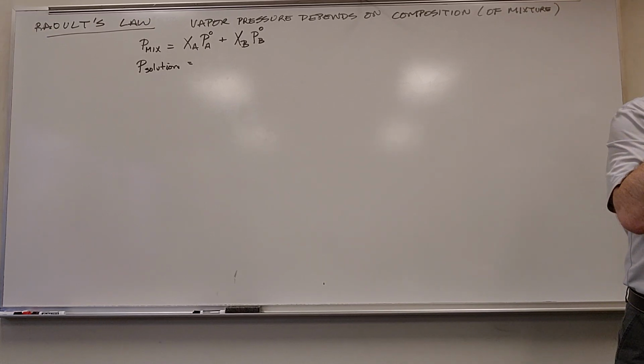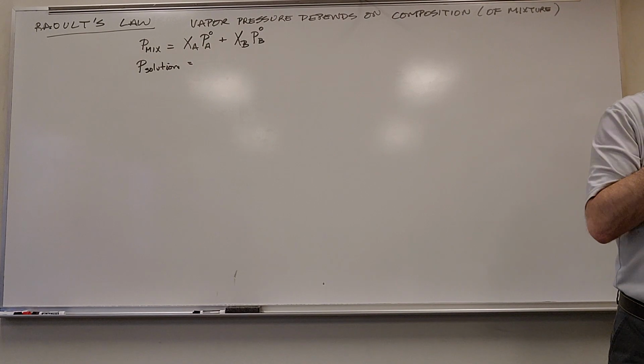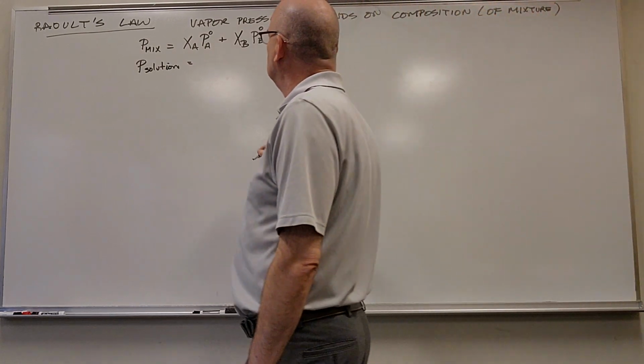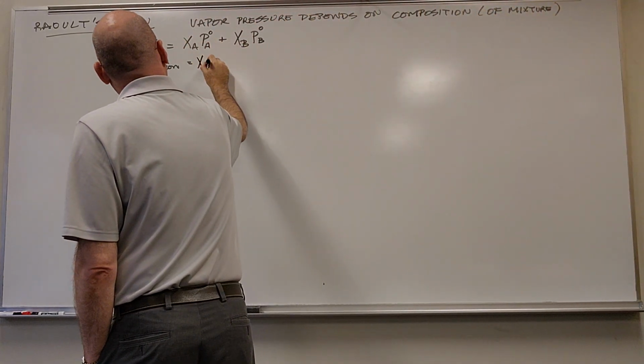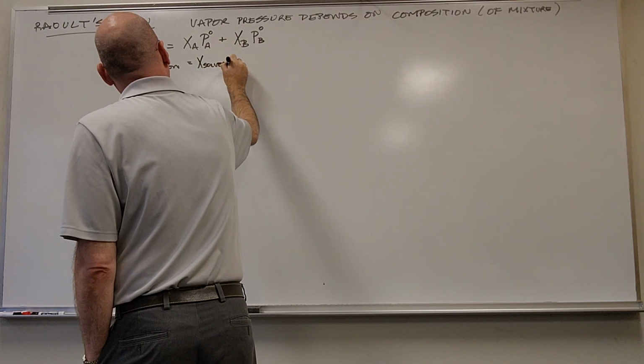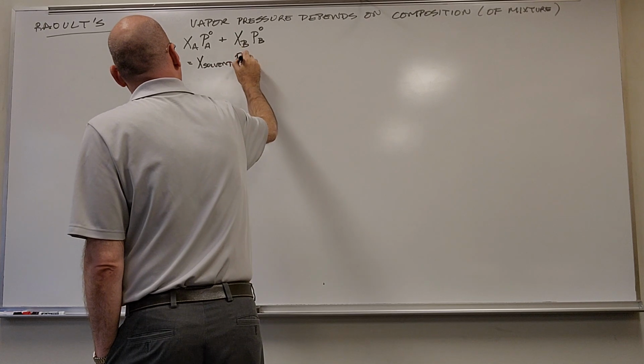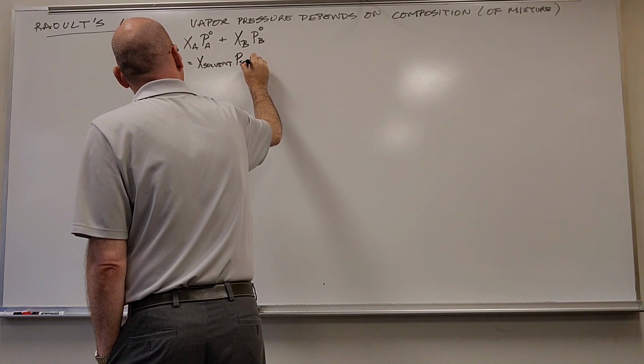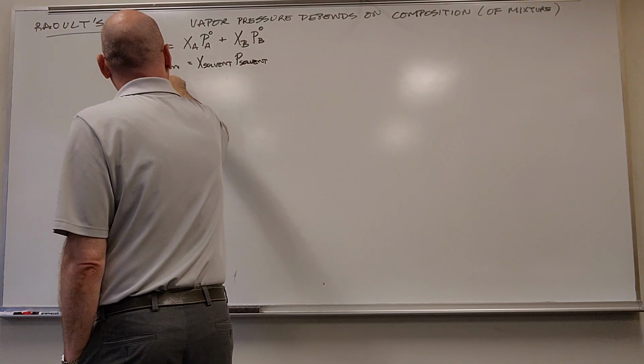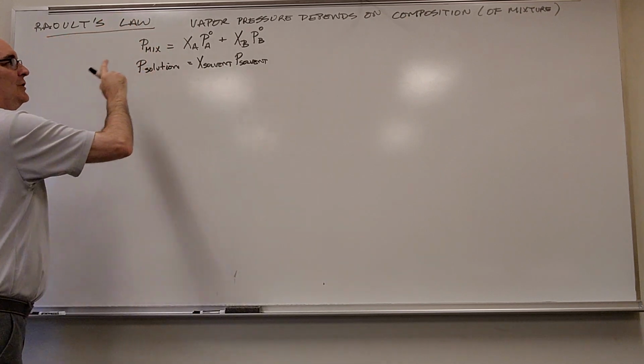If I wanted to know what the pressure of the solution is, I could just find the fraction of the solvent and the pressure of the solvent, and it will tell me just the pressure.